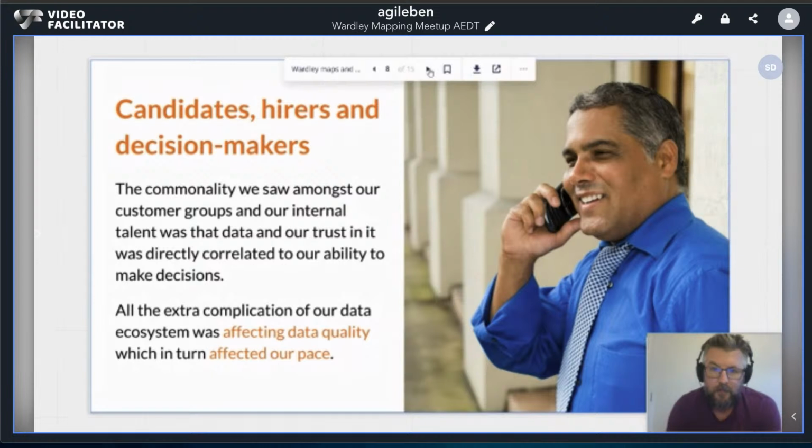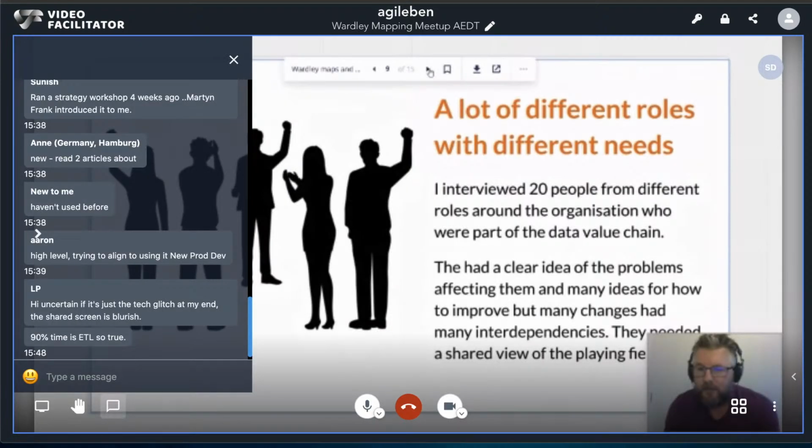Hi, Daniel. It's LP here. Good to see you again. Just a quick comment. I'm not sure from my end, your slide looks really blurry. Do you have support behind you that could look into the technical, please? Sure, can do. So the slides are blurry. Okay, so we could maybe post the link. We'll share the link afterwards.